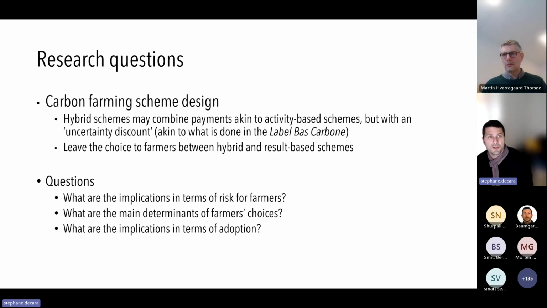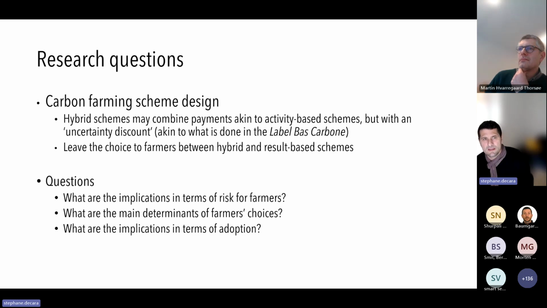What we have explored in the course of the project is playing with the design of the carbon farming schemes, and especially considering hybrid schemes that may combine payments similar to those related to activity-based schemes, meaning that as a farmer you can receive money depending on the fact that you implemented some practice, but with an uncertainty discount that will reflect the fact that the actual outcome might not be equal to the expected one on average.